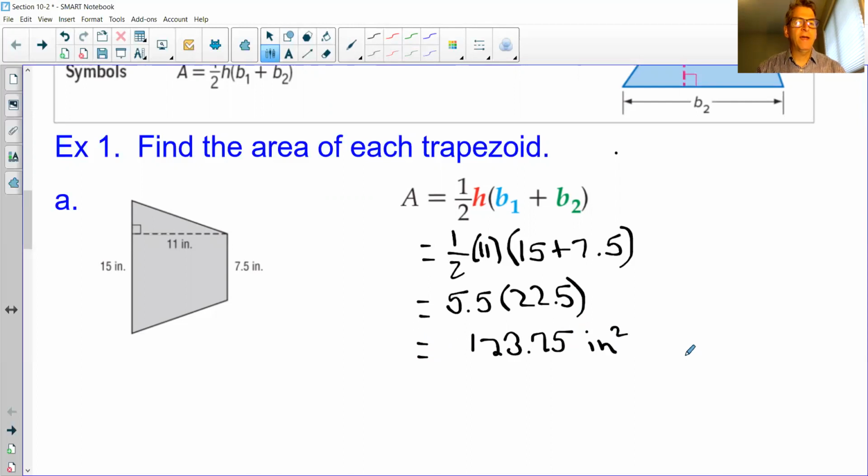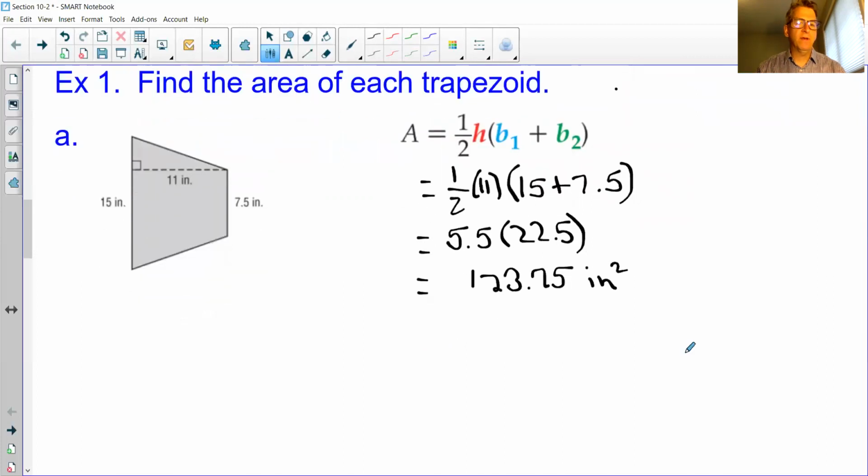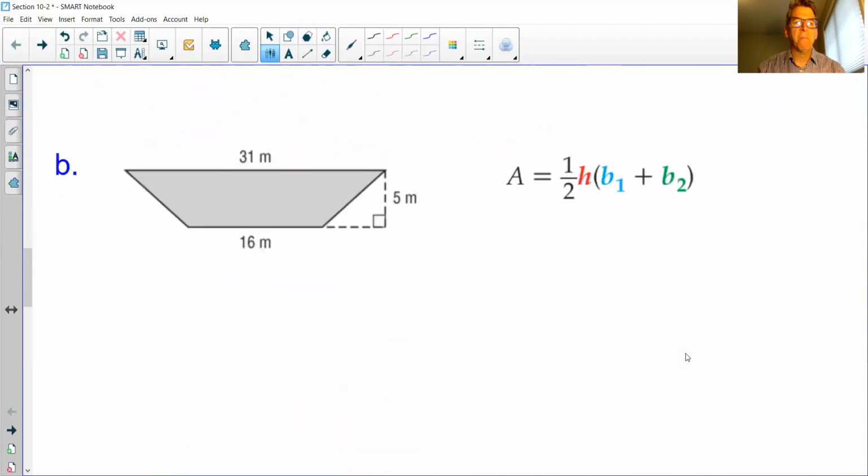Letter B, find the area of the trapezoid. 31, 16, and the height is 5. 1/2 times the height, in this case it's 5, times the sum of 31 and 16. 1/2 times 5 in this case is 2.5.